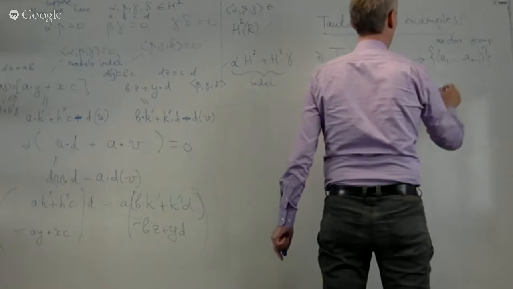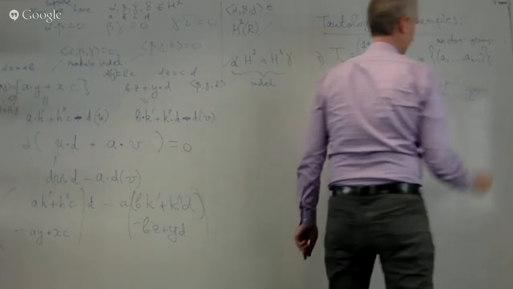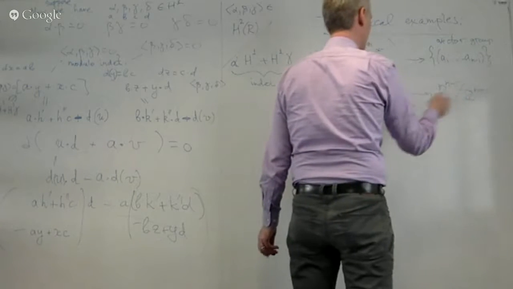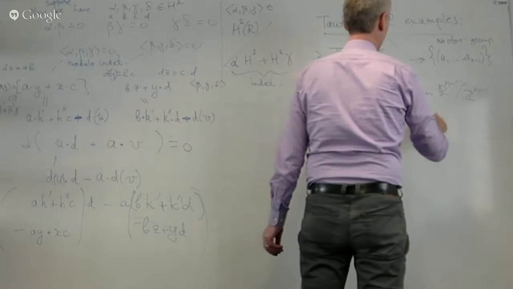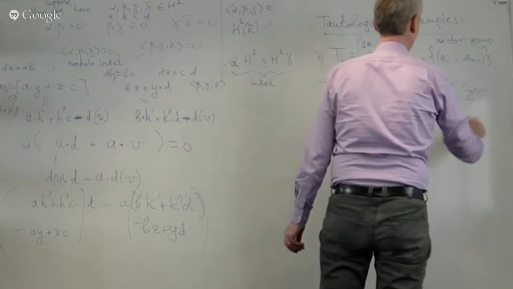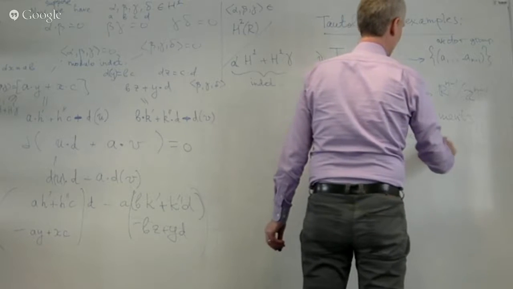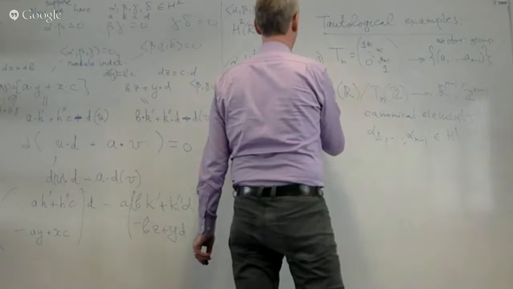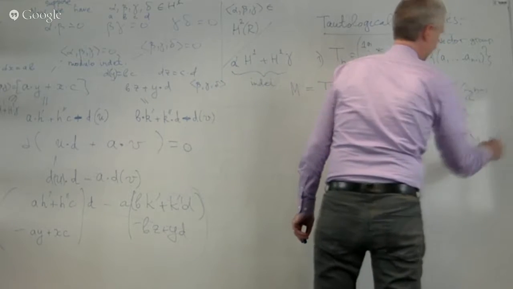So it projects into R^(n minus 1). So there are canonical classes alpha 1, ..., alpha n minus 1 in H1, with real coefficients.